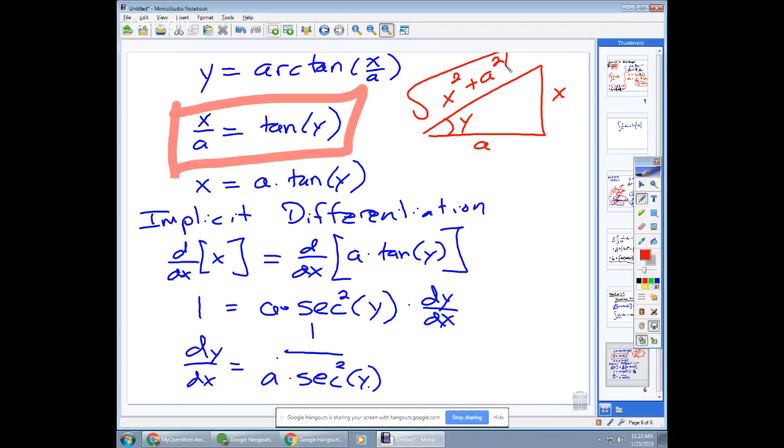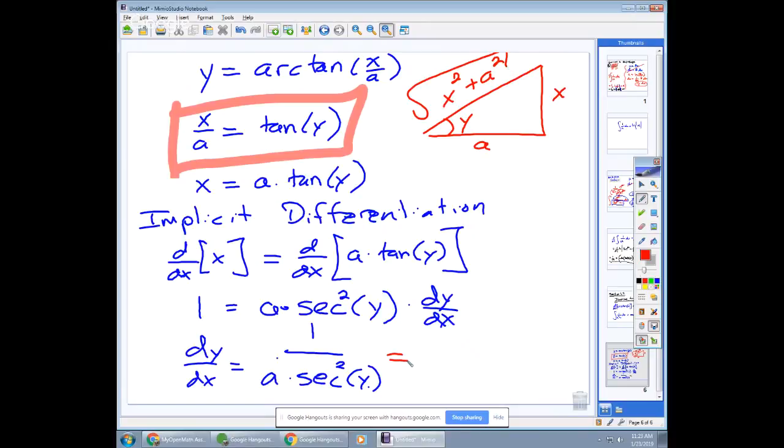Now that I have that up here, I can tell you what the secant of y is, or the sine of y, or any function of y. What is secant? 1 over cosine. Cosine is adjacent over hypotenuse, so secant is hypotenuse over adjacent. Secant is the reciprocal of cosine, so we could call that cosine squared if we wanted.